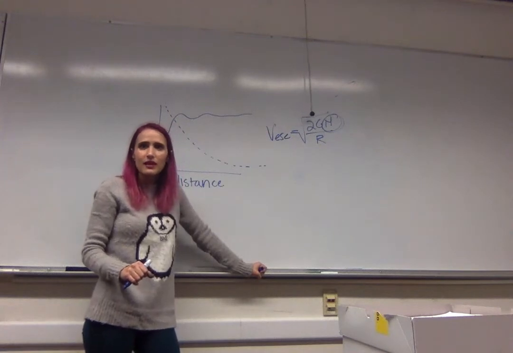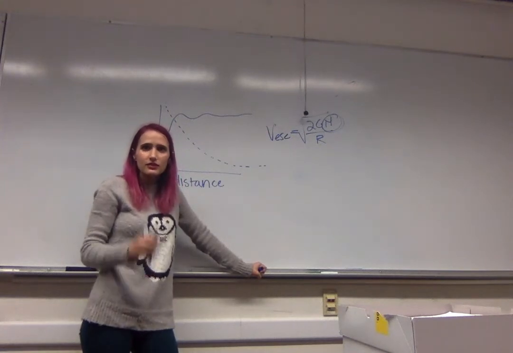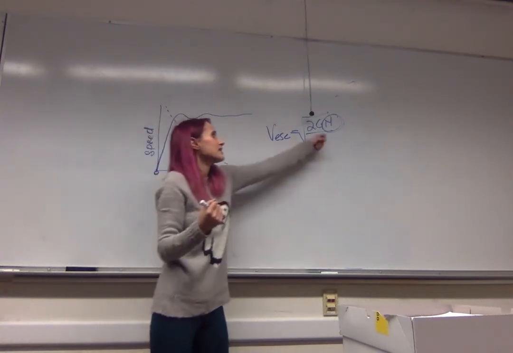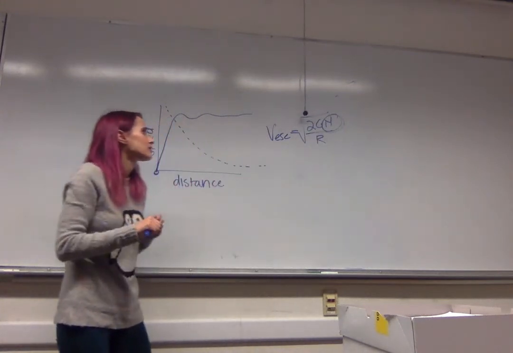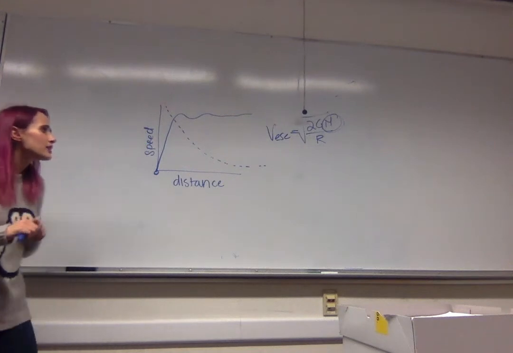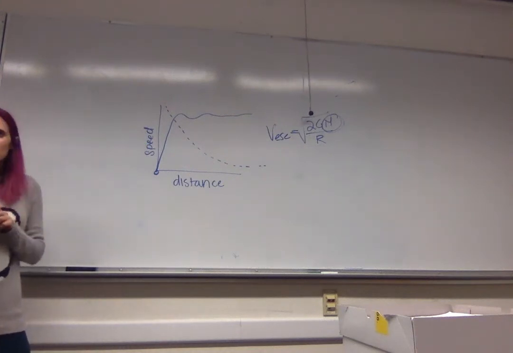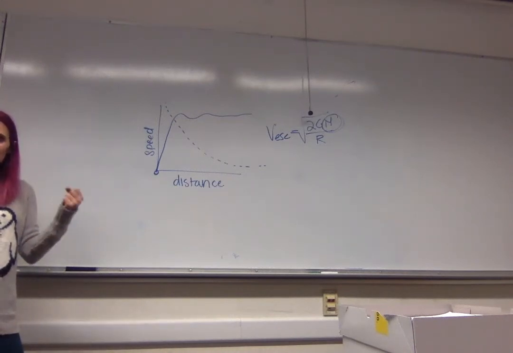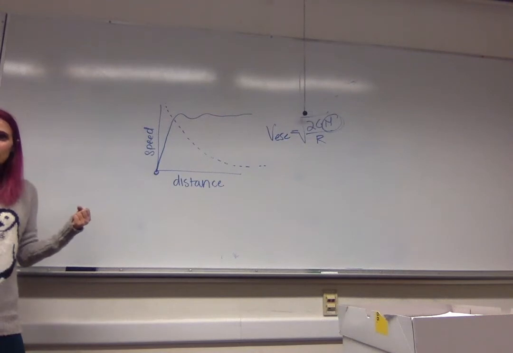And then we look at galaxies in clusters, and galaxies in clusters are moving too. Some of those little dwarf galaxies are moving really fast, and some of those should be flung out of the galaxy cluster, but they're not. So there's also this missing mass in a galaxy cluster.